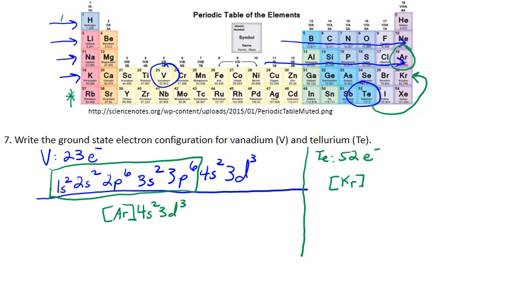So that's 1, 2, 3, 4, row 5, 5s2. I'll go all the way through the d block here, 4d10, and then 5p, 1, 2, 3, 4.